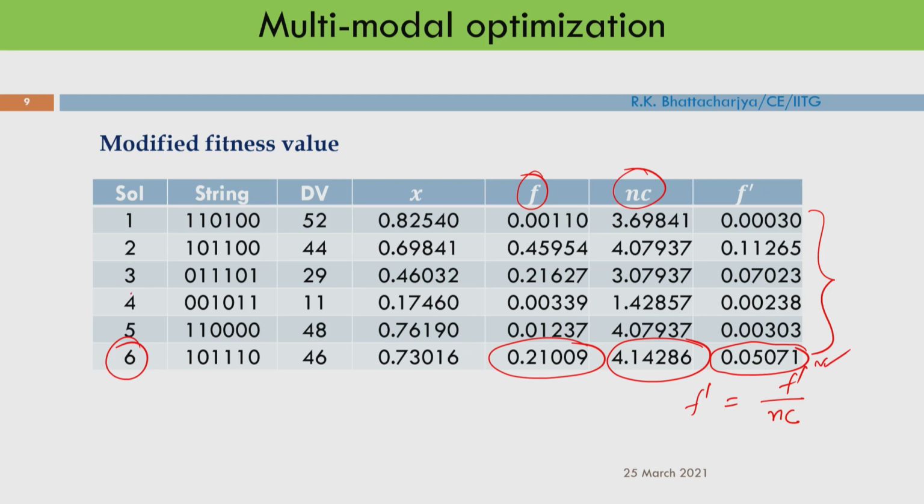And the fourth solution, that was not a crowded solution, has niche count 1.42, and earlier it was 0.00339, and now the modified fitness value is 0.00238. Okay. So, the fitness value of this particular solution has not been reduced much, and for the other crowded solutions, the fitness value has been reduced. So, I am calculating the modified fitness value.